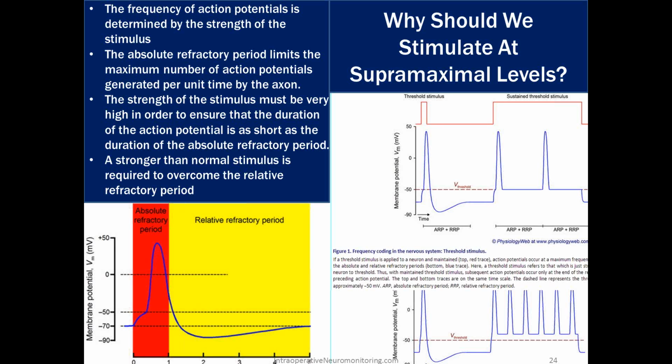If we had an inter-stimulus interval of 0.5, say, we'd be hitting our second train here in our absolute refractory period. We would not be able to summate the same motor units that we did with the first train. And that defeats the whole purpose of having multiple trains in our MEPs.